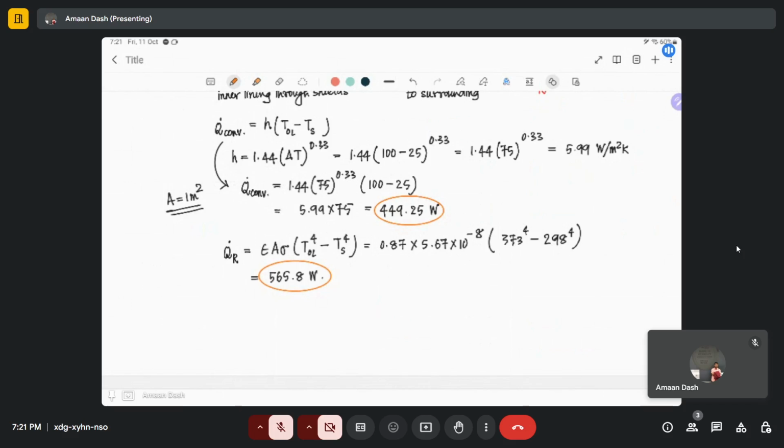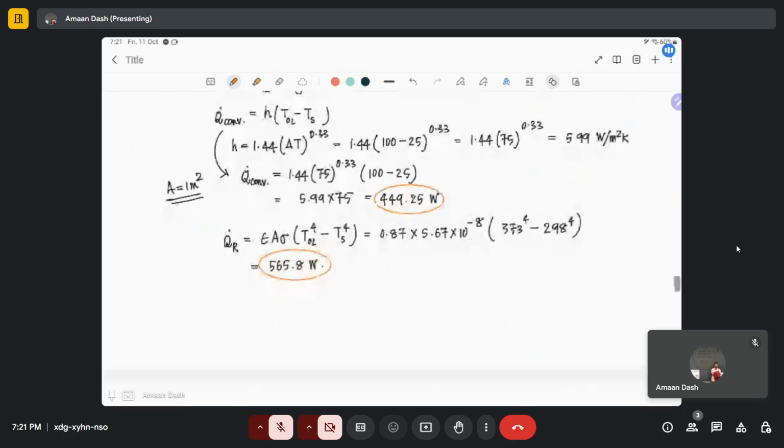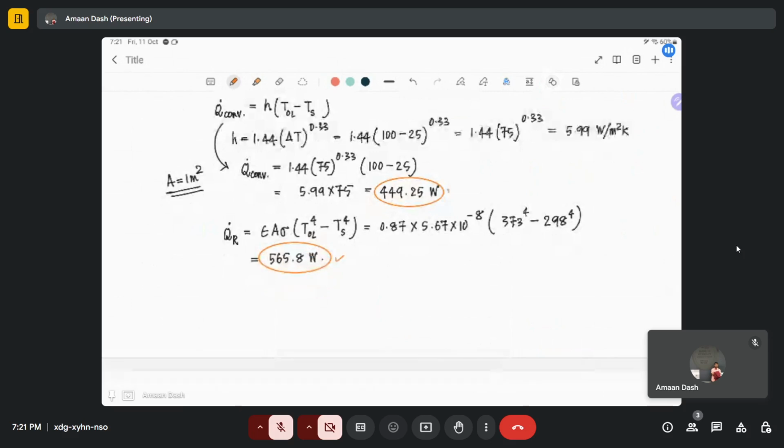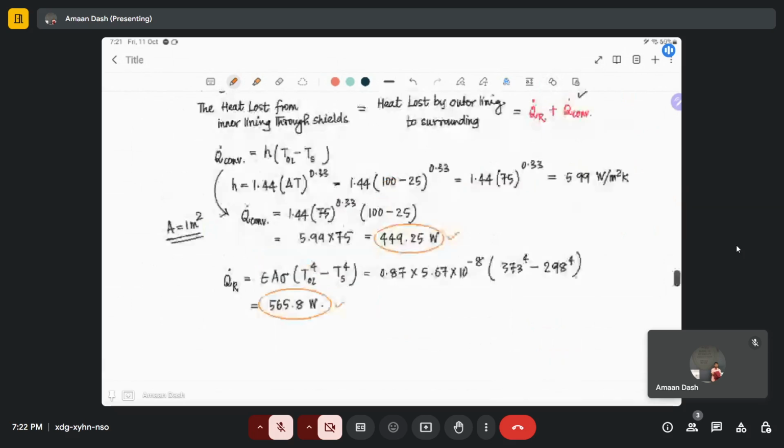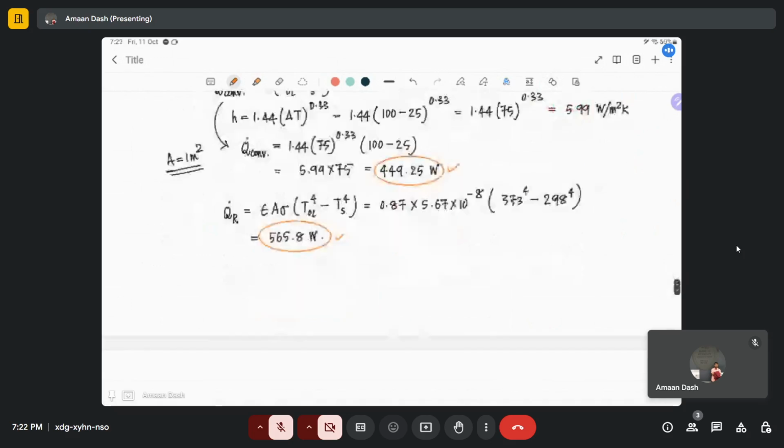So we can write 0.87 times 5.67 times 10 to the power of minus 8. And temperature we have to convert into Kelvin and then substitute it, so we add 273. We need 100 degrees, which is 373.